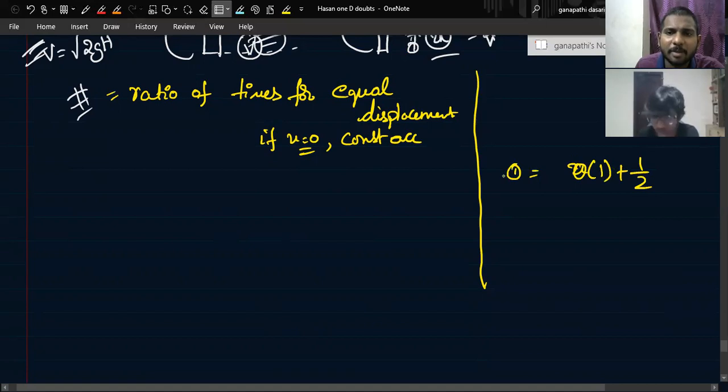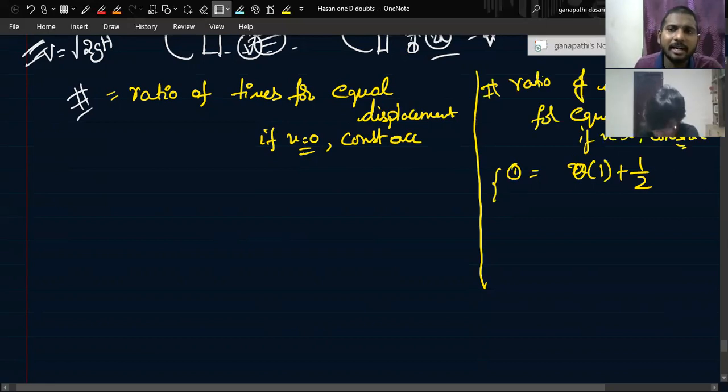I am taking displacement and g both as positive, because displacement is in the downward direction and gravity is also in the downward direction. So g into 1 square over 2, that is nothing but g by 2, isn't it?